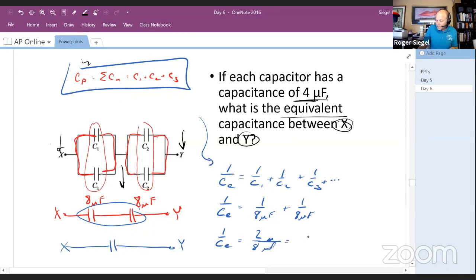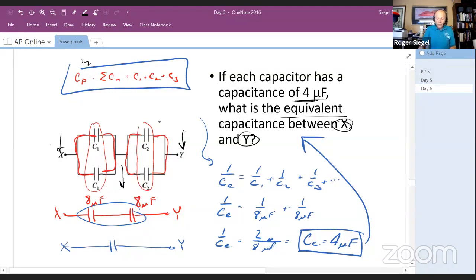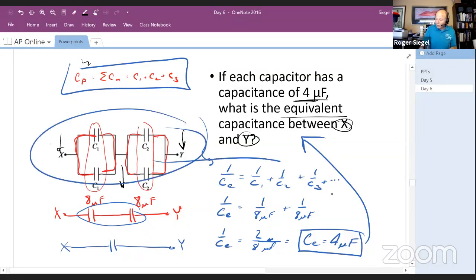Or C equivalent is equal to 4 microfarads. So the answer to this question is that these 4 together equal one of them alone, which is a kind of tricky thing that physics teachers sometimes do with problems, silly things like that. Probably something that an electrical engineer wouldn't do, but they don't have as much fun as we do.